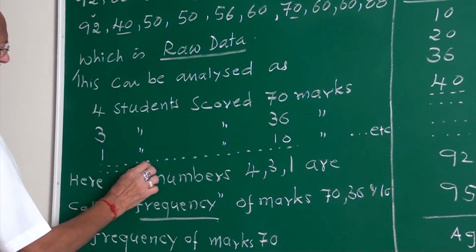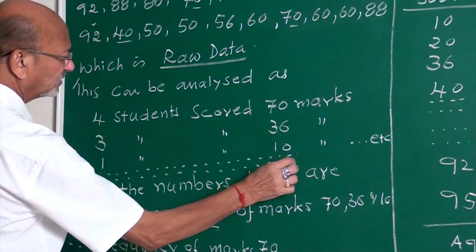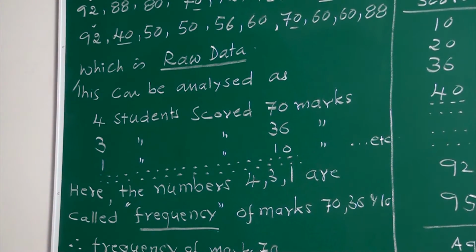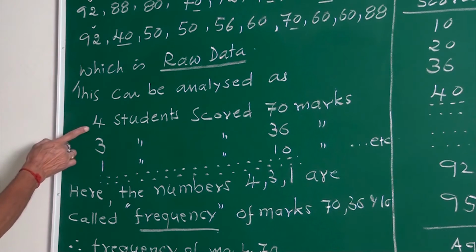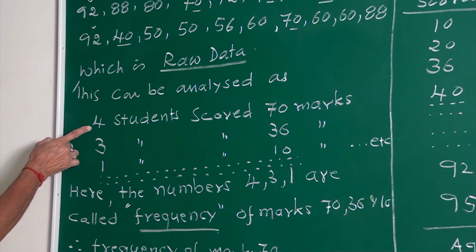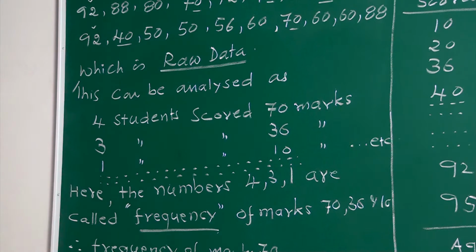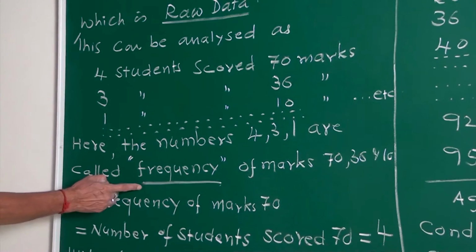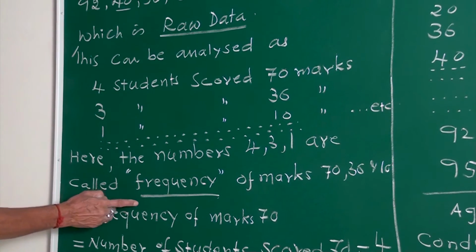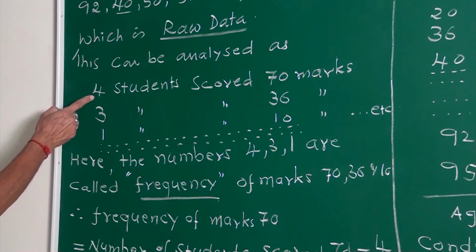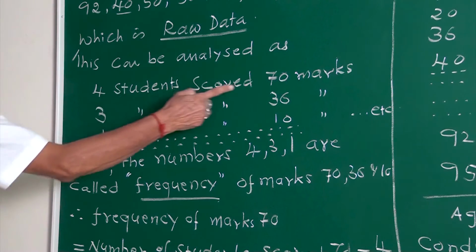The different marks are there, and you are writing them like this. In this case, the numbers 4, 3, 1 are called the frequency of marks. It's a new word, my friends, note it. What is this 4? It is the number of students who scored 70.